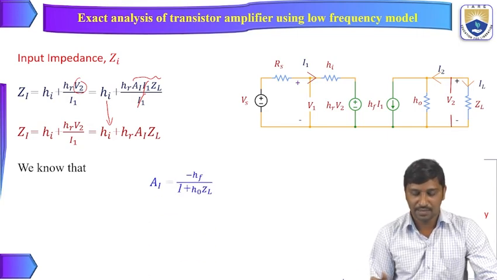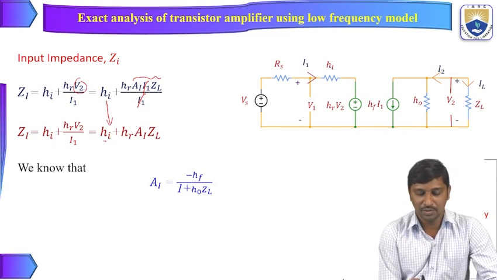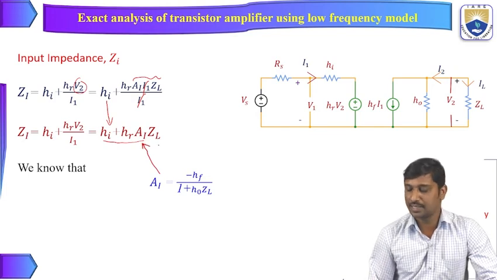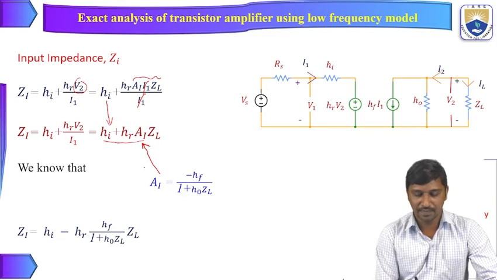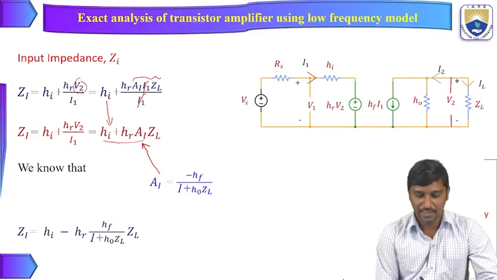And again, from this we observe that the current gain is represented as minus HF divided by 1 plus HO times ZL. You can use this formula, or otherwise you can substitute this current gain in this representation. So now the input impedance becomes HI plus HR times AI, where AI contains minus HF by 1 plus HO times ZL, into ZL.